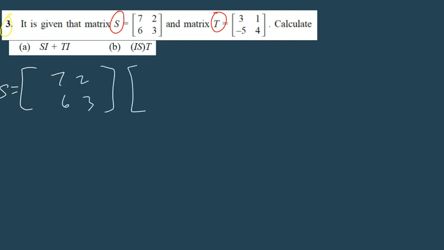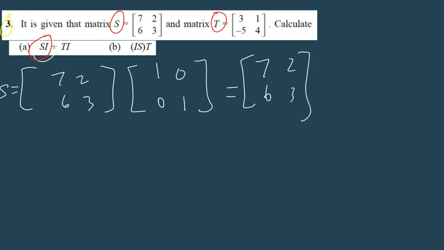When you multiply with the identity matrix 1 0 0 1, you'll get also 7 2 6 3, right? You'll get back this one. So actually SI is equal to S, and then TI is also equal to T.